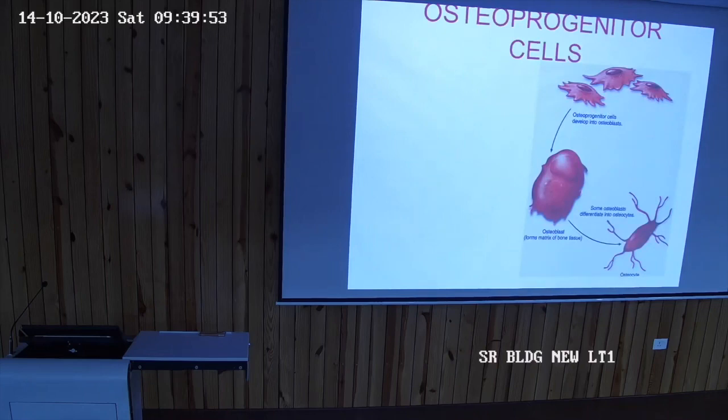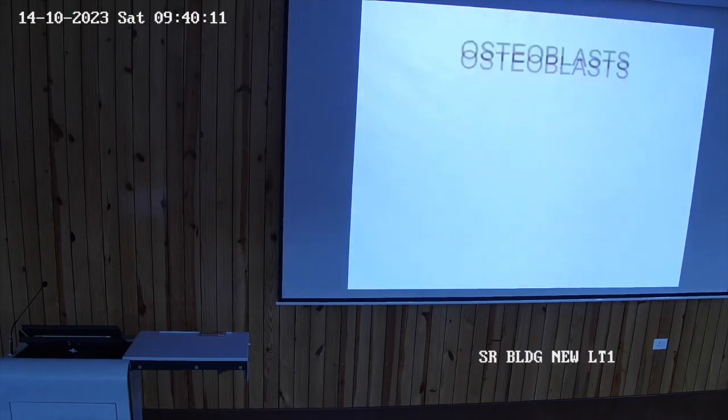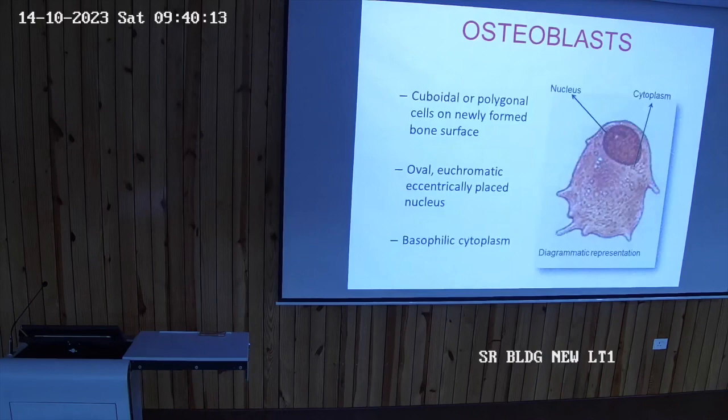Osteoprogenitor cells. Now how to identify these cells? First, the location: they are present at the periphery, they are flattened in shape and they have elongated nucleus. They have mesenchymal origin, they take origin directly from the mesenchymal cells and they convert themselves into the osteoblast. Then osteoblasts have cuboidal or polygonal shape.